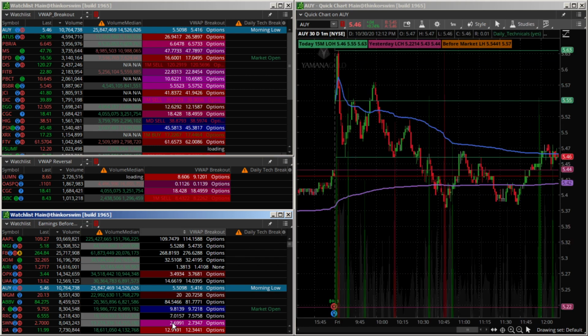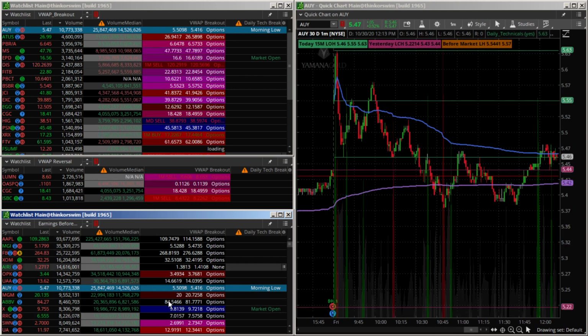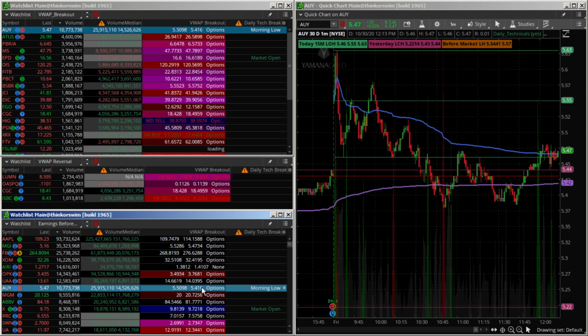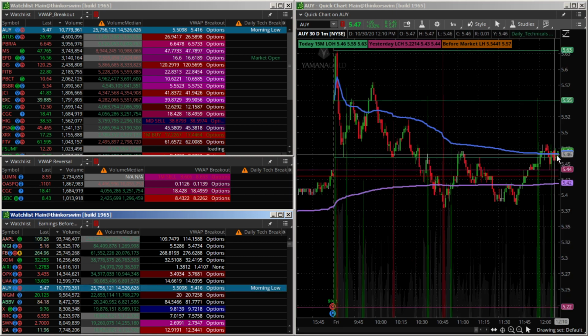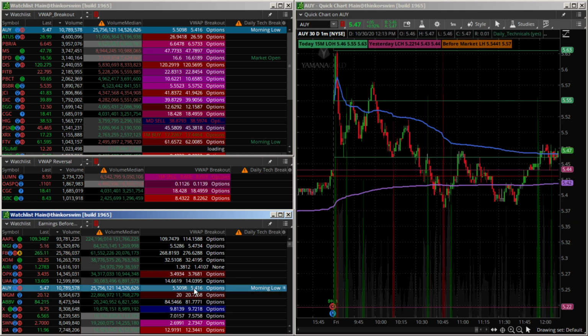The first price in the listing is the value of the VWAP. So the first one is the daily VWAP, and the second one is the multi-day VWAP. So I selected AUY, and you see the blue one is at 5.5, and the other one is 5.42.